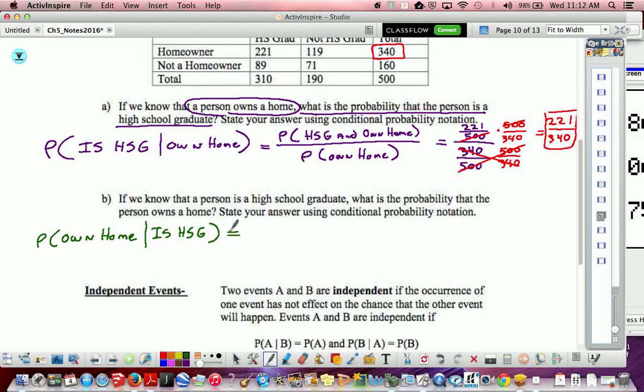Now, some of you might be able to tell me what this answer is right off the top of your head.